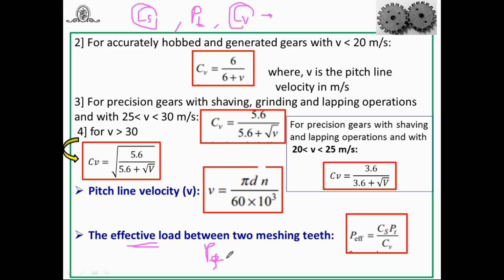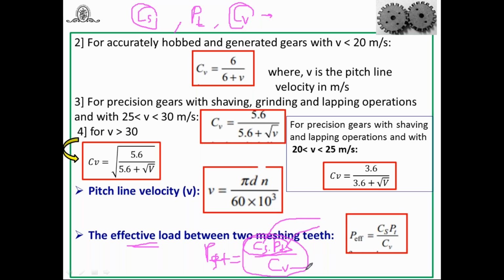And therefore, P effective is equal to what? You can write down CS into PT upon CV. The CS is the service factor, PT is the tangential force, and CV is the Barth or velocity factor.